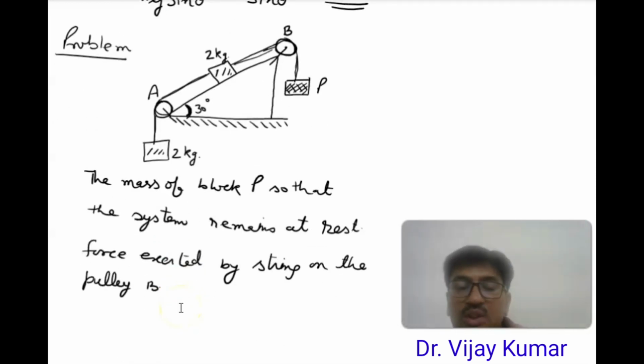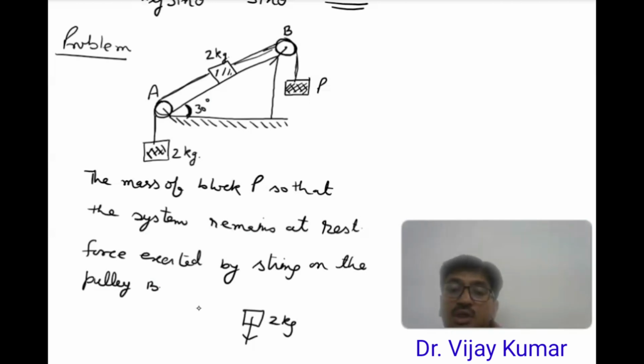So in this case, if we discuss this 2 kg block, its weight should be 2 into g in the downward direction, and it should be balanced by the tension acting in the string.